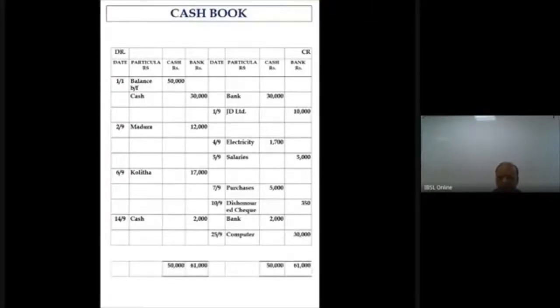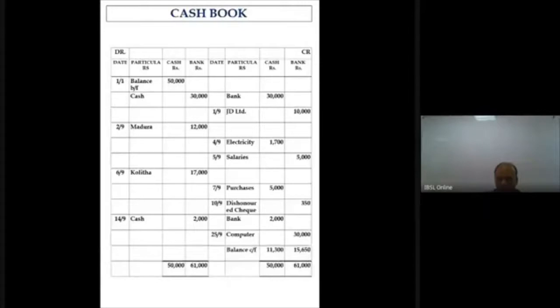Now the cash column debit total is 50,000. The credit total is not 50,000, so we have to take the highest total, which is 50,000. Now look at the balancing: 38,700 means it is not yet 50,000. So you have to put a balancing figure, which is 11,300.